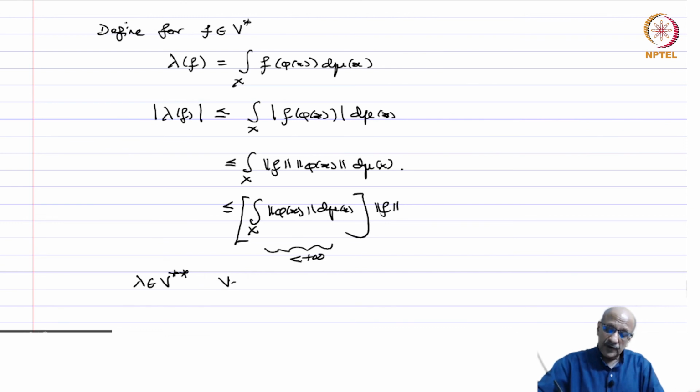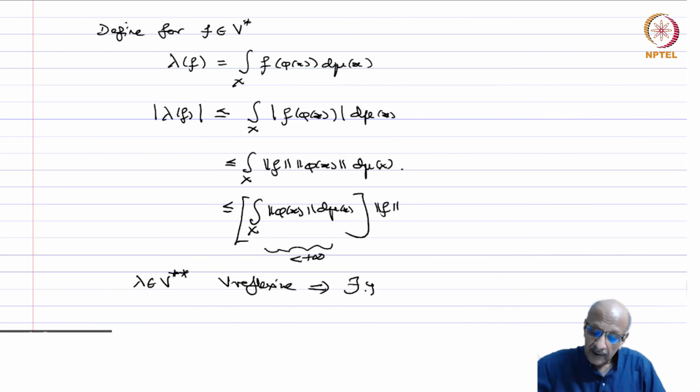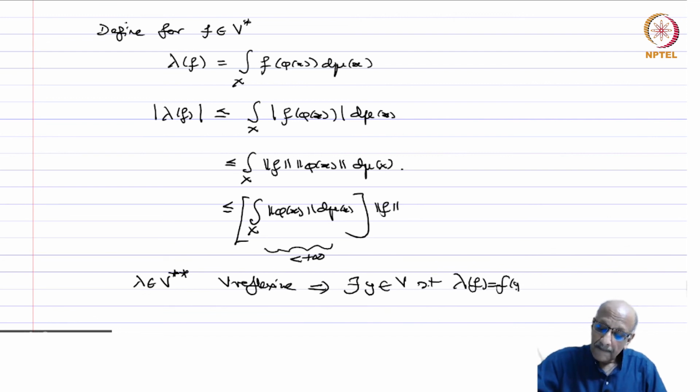V is reflexive, that means lambda is to be an evaluation functional. So V reflexive implies there exists a y in V such that lambda of f equals f of y for every f in V star.